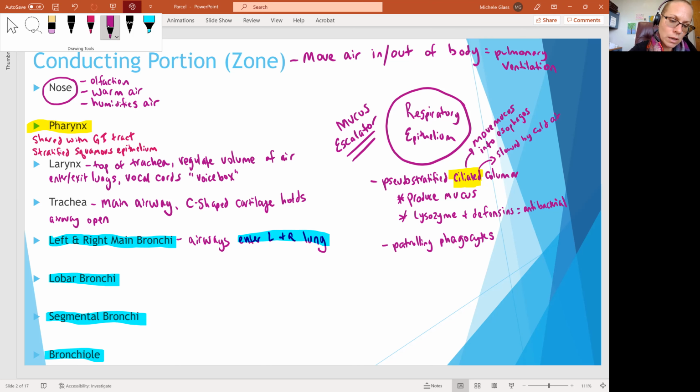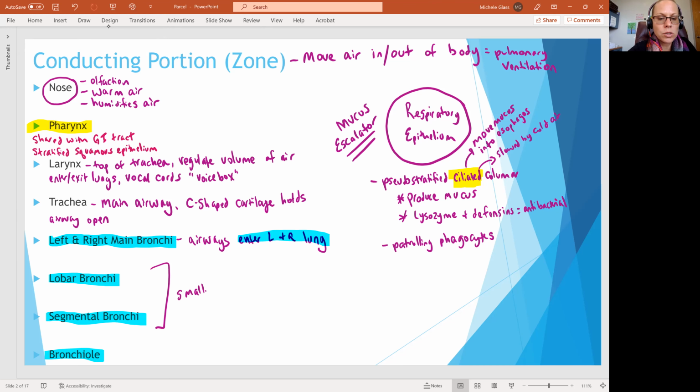So I'm just going to label them like that, smaller and smaller branches. And we'll look at a picture, and you're studying these as part of your lab work. We can also talk about this as the bronchial tree. So let me label it that way as well, bronchial tree.